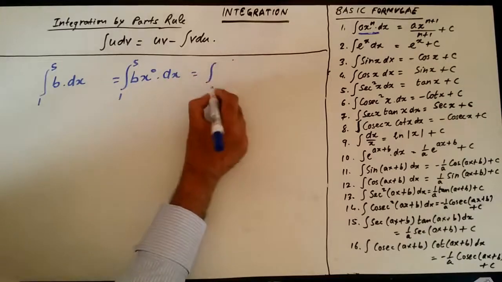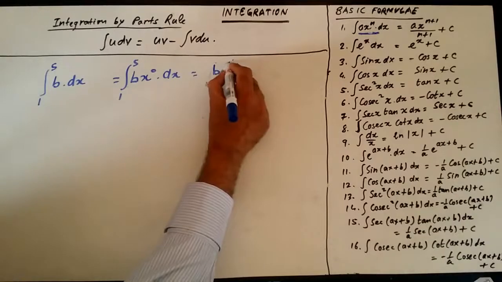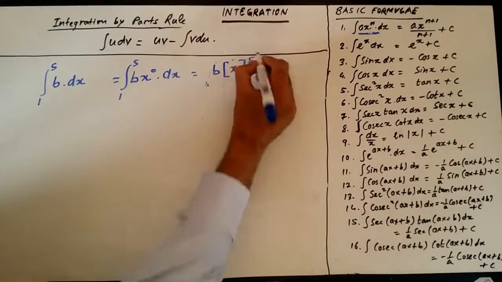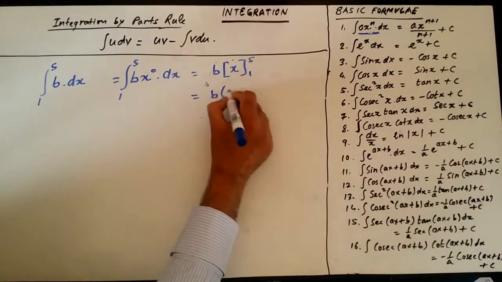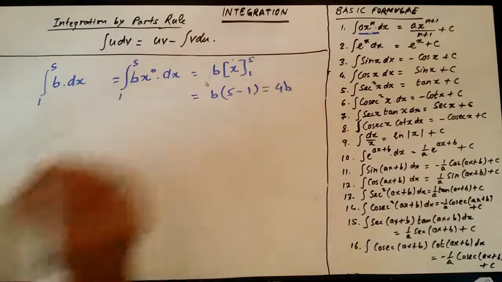So when you integrate x to the power 0, it will become x. So the answer is b with x between the limits 1 and 5. So it becomes b into 5 minus 1, which is 4b.